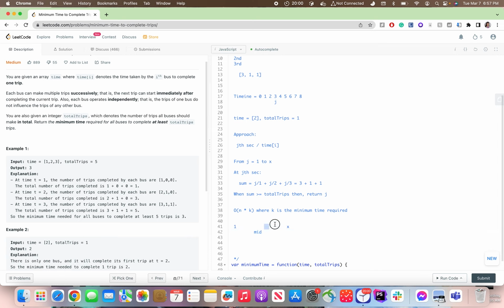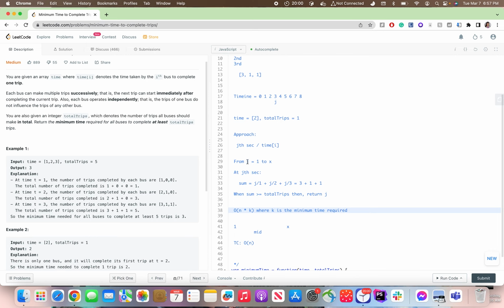If it is less, then we look to the right. Okay, this is it. And the time complexity would decrease from O of n to O of n times log of x, where k is the minimum time required.